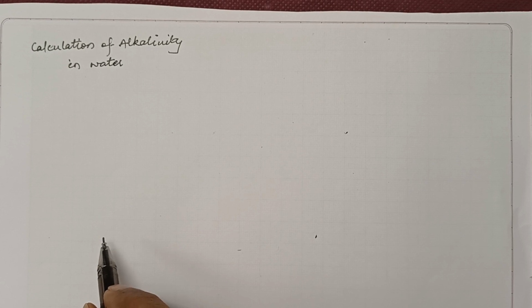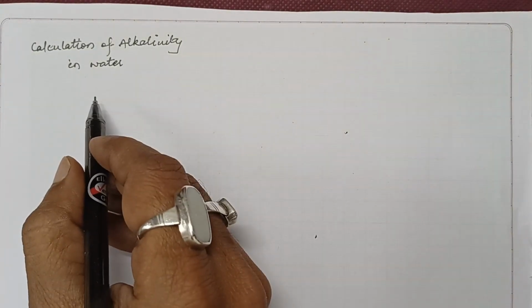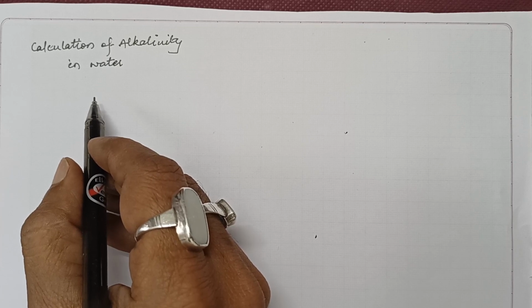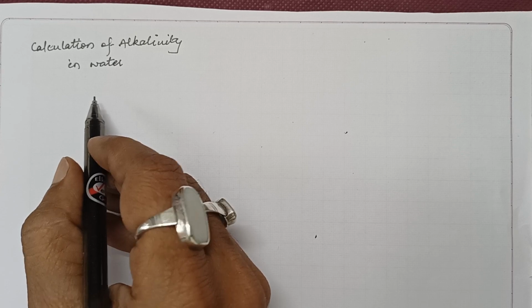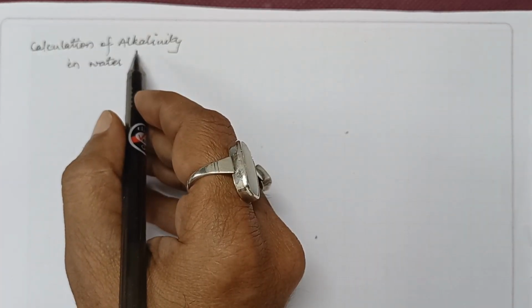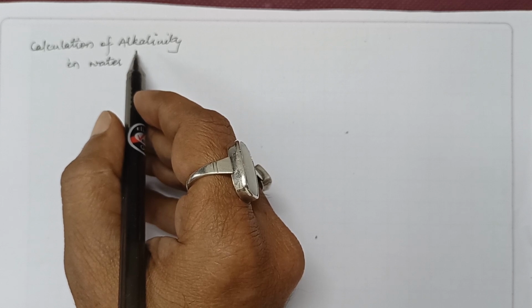We know that alkalinity is a particular ability of water which can neutralize the acids, free acids present. But how can we calculate the amount of alkalinity in a particular water sample?